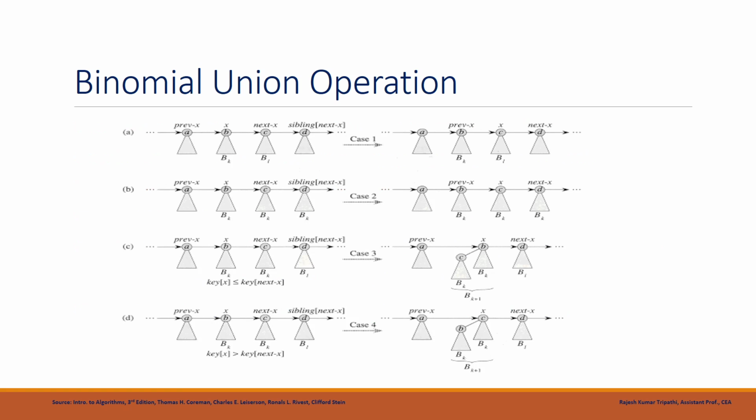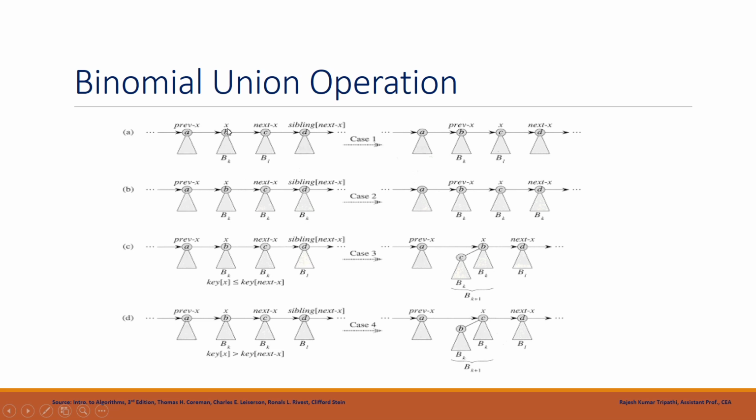So here you can see the graphical representation, what the meaning of all the four cases. So case 1, if A, B, C, D are the binomial trees in a binomial heap, in that case, if your pointer previous x is pointing to A and x and next x are pointing to B and C, then we check the degree of x and degree of next x are not same, and also the degree of next to next x is not same, then our pointers will move ahead in forward direction.